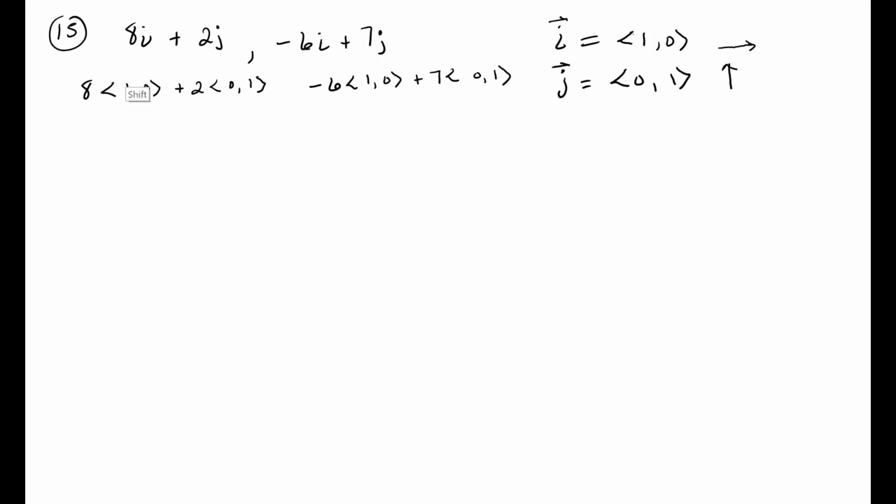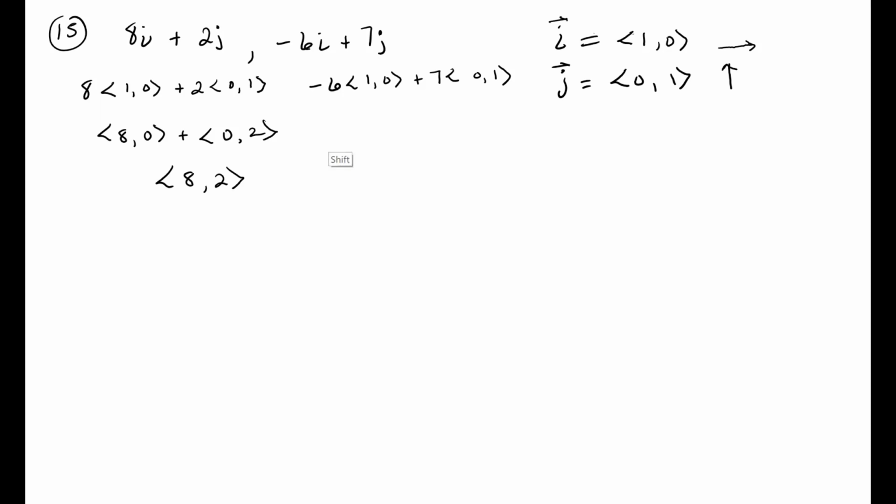Now let's go ahead and do the scalar multiplication. We're going to get (8, 0) plus (0, 2), and when we combine that, we're going to get (8, 2). Very simple. Okay, we add those vectors right there.